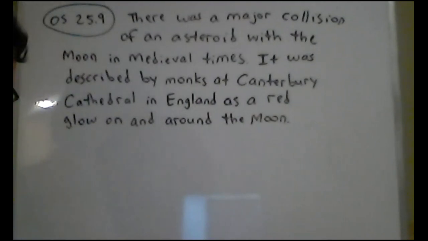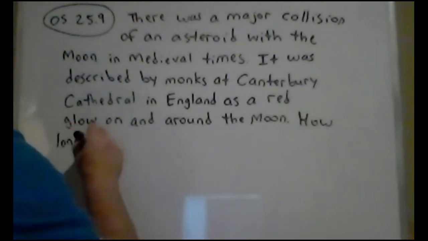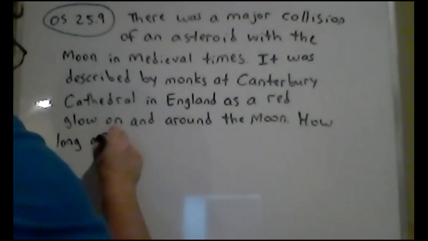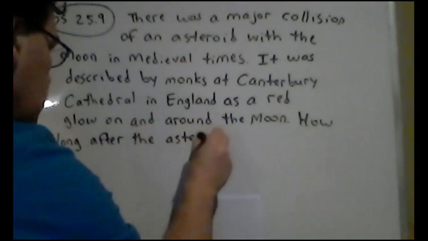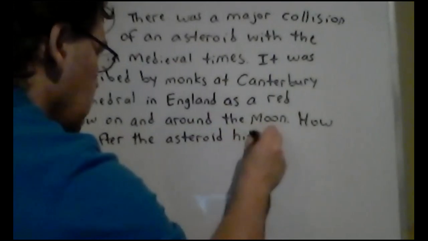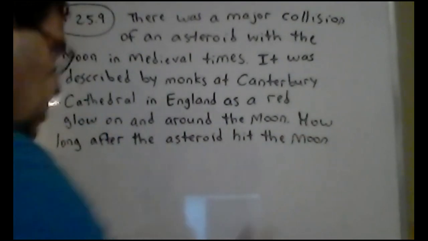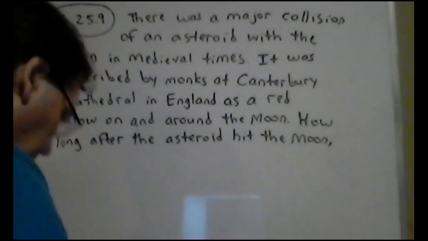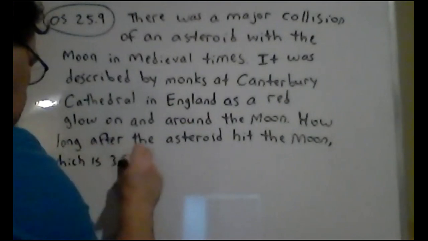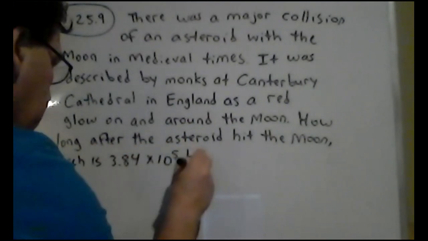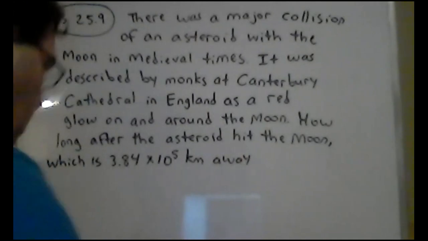How long after the asteroid hit the moon, which is 3.84 times 10 to the 5th kilometers away, would the light first arrive on Earth?